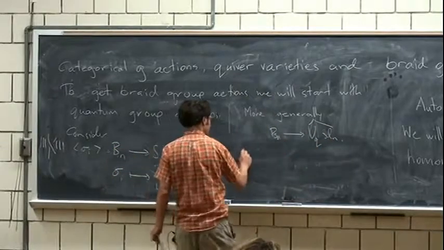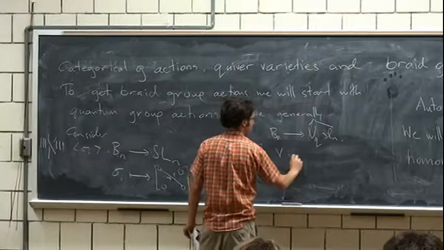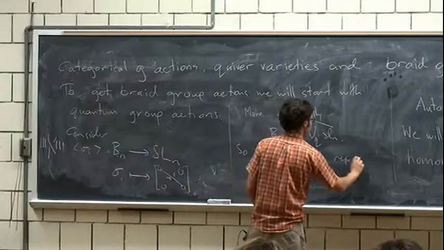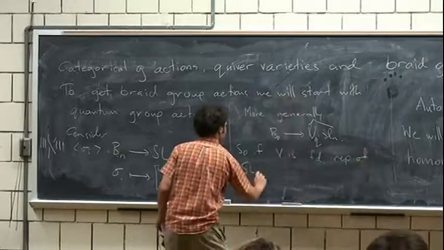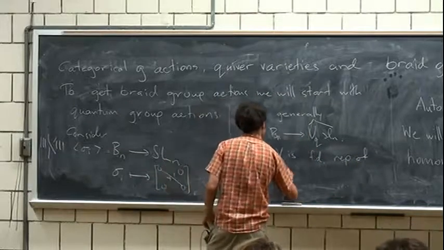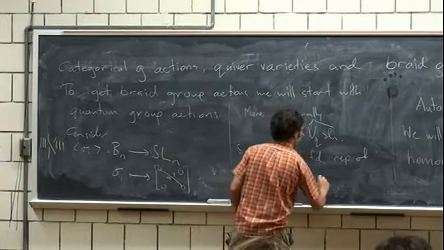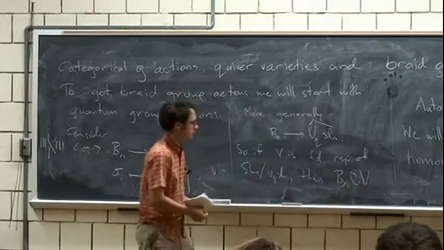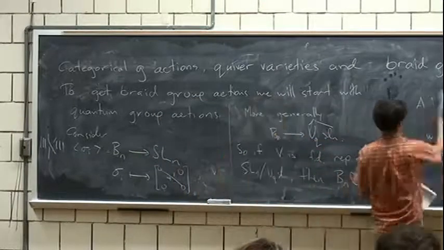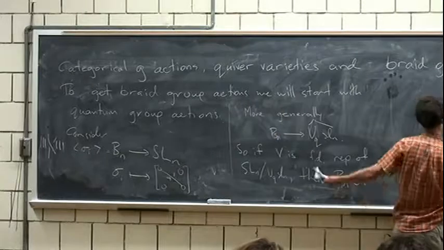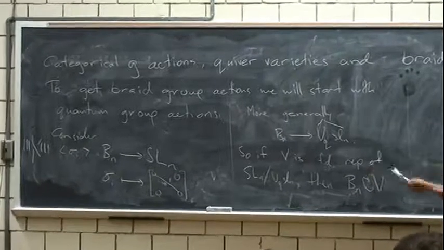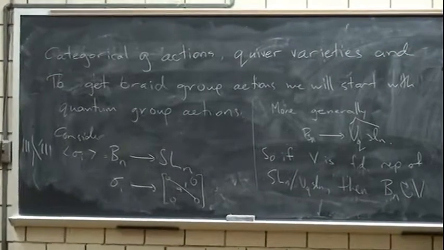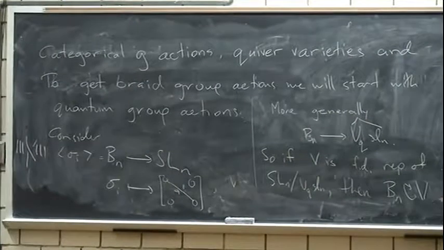So if V is, say, a finite dimensional representation of SL_N, or of U_q(SL_N), then the braid group B_n acts on V. The main goal of my talk is to describe the categorical version of this statement. But before I get to that, let me slightly generalize this statement.